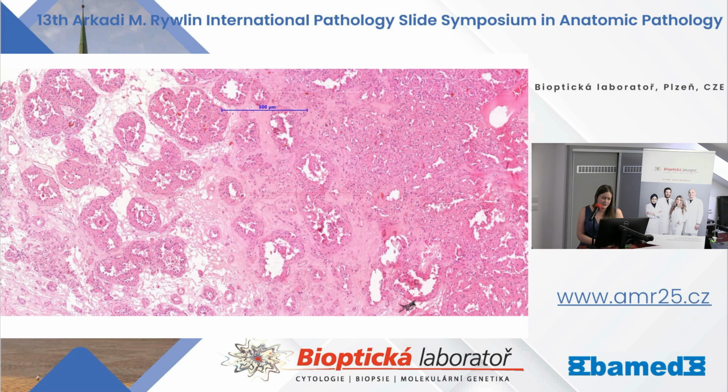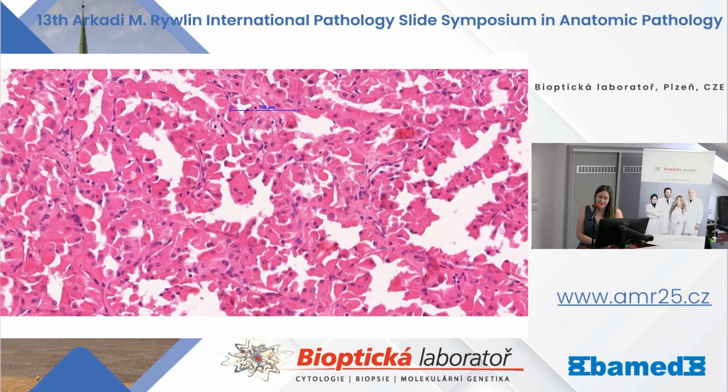However, the nuclear atypia is higher than we are used to in renal oncocytoma. Here you can see detail of the cytology of the cells. Again, homogeneous eosinophilic cytoplasm, mildly irregular nuclei, pseudostratification, and sometimes you can even see the nucleoli.